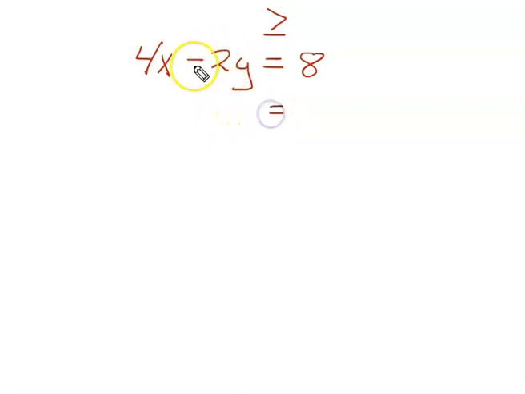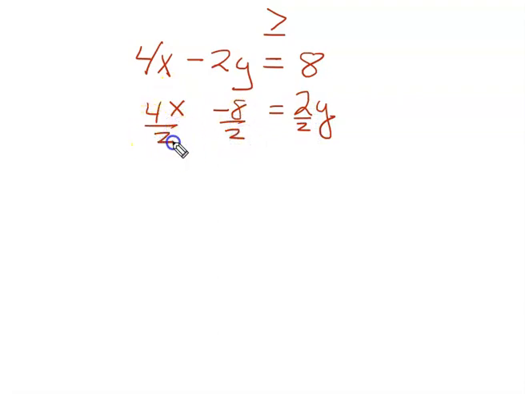Well, I would put the y value on this side, move the 8 to this side, and that's an x there. And then we're going to divide everything by 2. And we get that y is 2x minus 4.